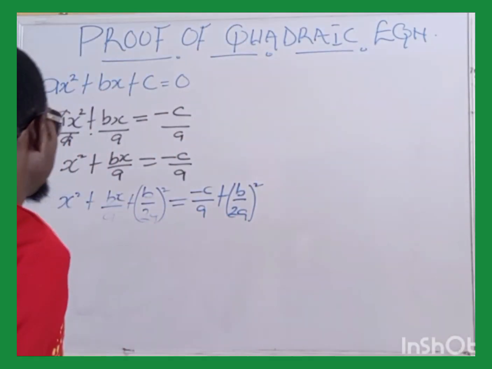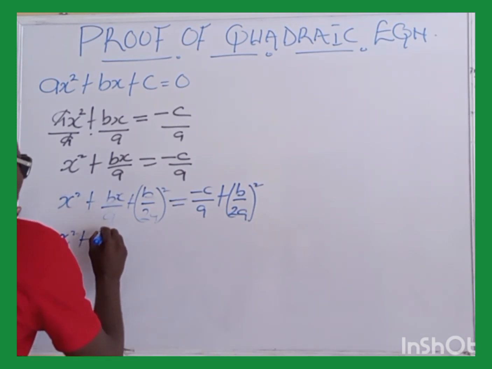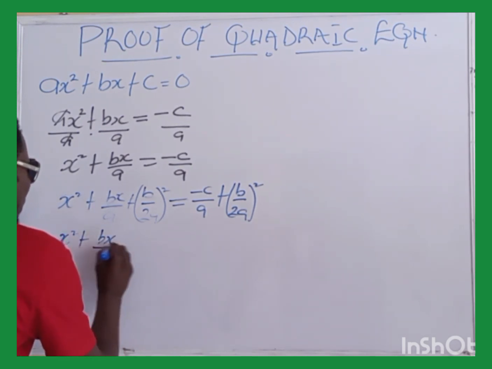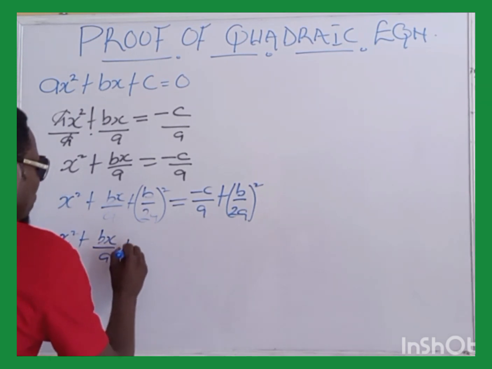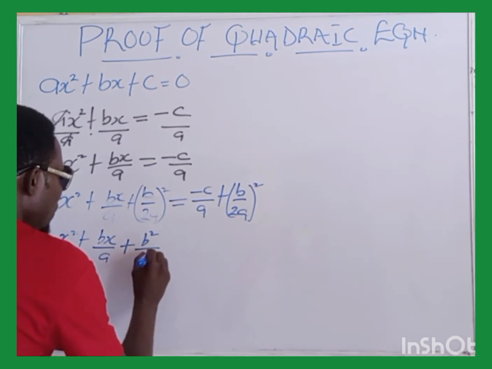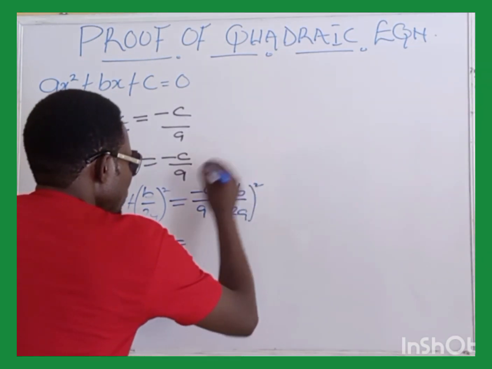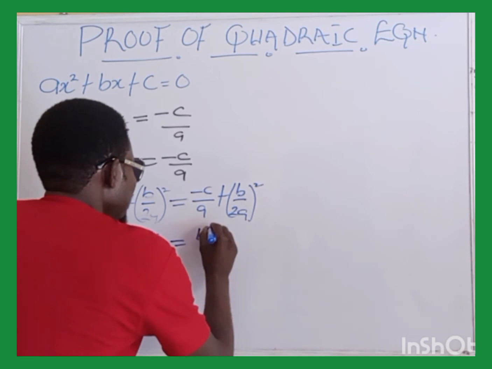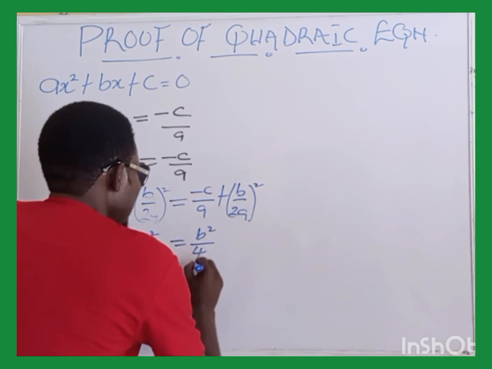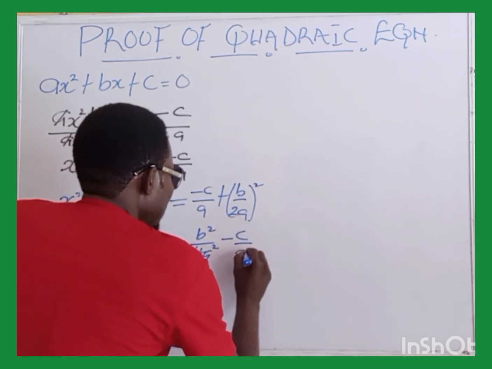So let's do that. This is the same thing as x squared plus bx all over a plus b squared all over 4a squared equals, bring this here, b squared over 4a squared minus c all over a.